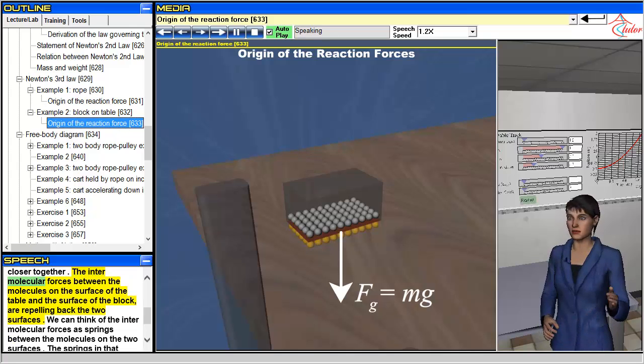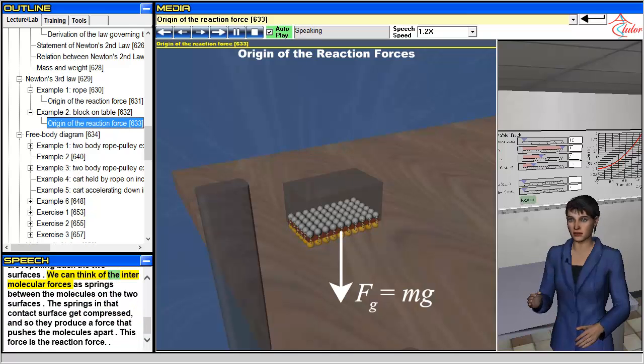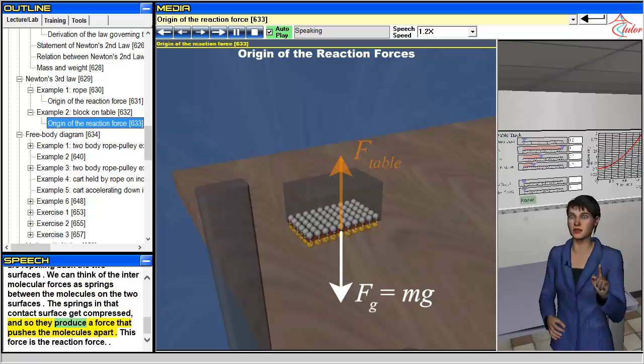The intermolecular forces between the molecules on the surface of the table and the surface of the block are repelling back the two surfaces. We can think of the intermolecular forces as springs between the molecules on the two surfaces. The springs in that contact surface get compressed, and so they produce a force that pushes the molecules apart. This force is the reaction force.